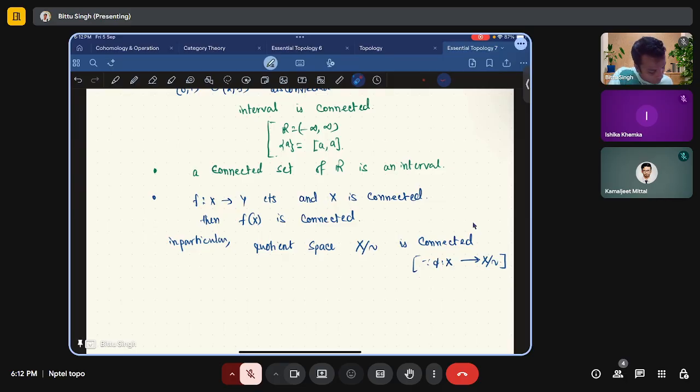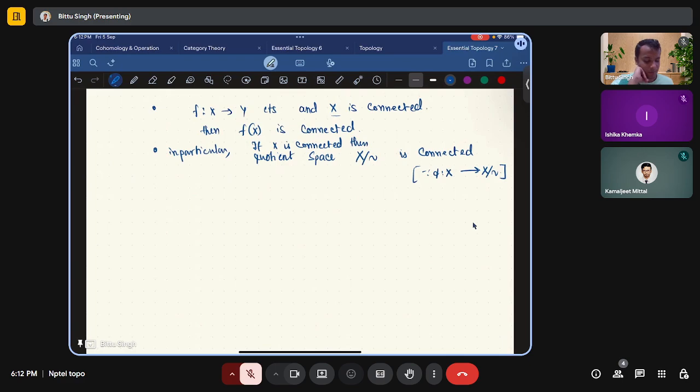So if X is connected, then X modulo that relation will also be connected.